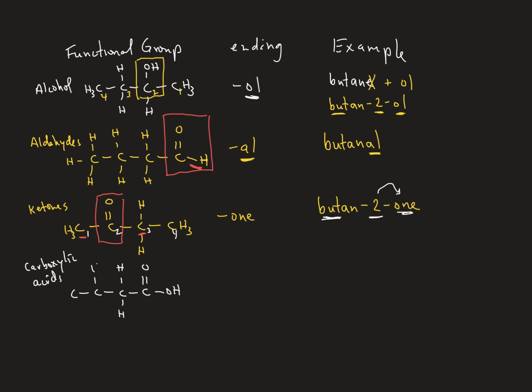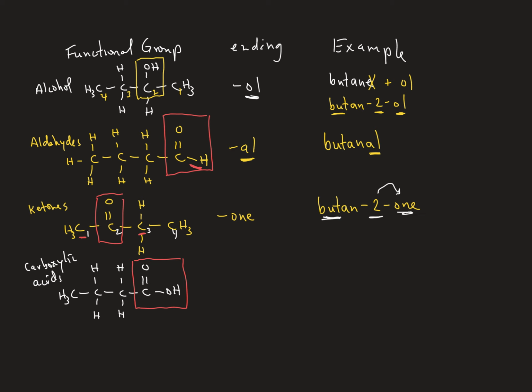Carboxylic acids have that carbonyl as well, the carbon-oxygen double bond, but now they're also going to have carbon-oxygen to hydrogen. So these are not an alcohol, right? They have the carbon-oxygen single bond of an alcohol. They are not an alcohol because we're adjacent to that carbonyl carbon, the carbon-oxygen double bond.